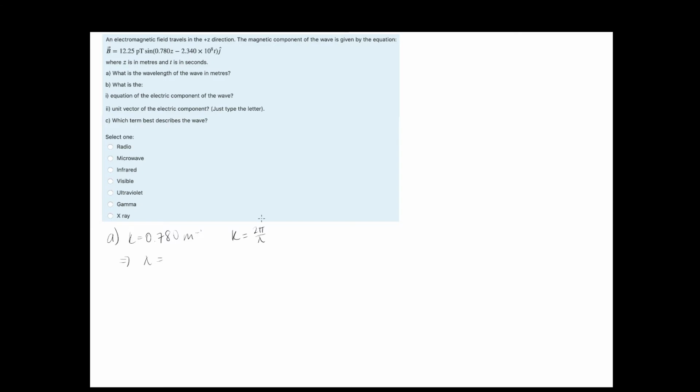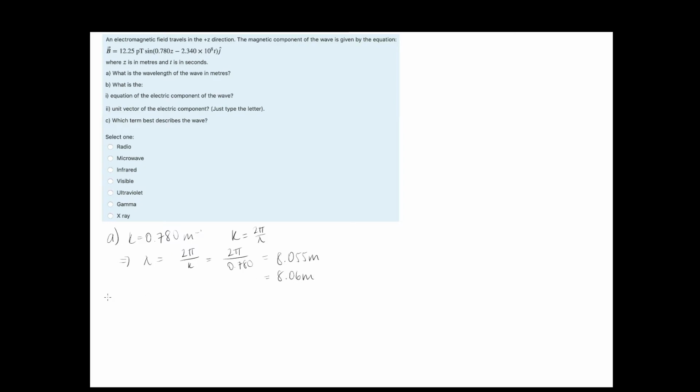Therefore, the wavelength is 2 pi divided by k, which is 2 pi divided by 0.780. And that equals 8.055 meters. Or to 3 significant figures, it would be 8.06 meters.